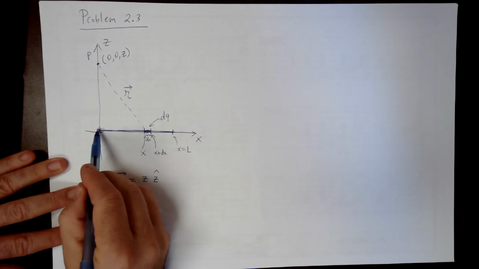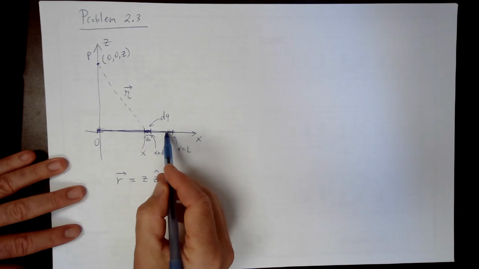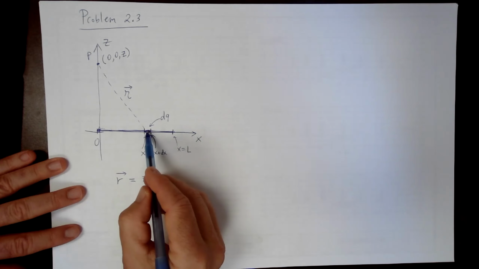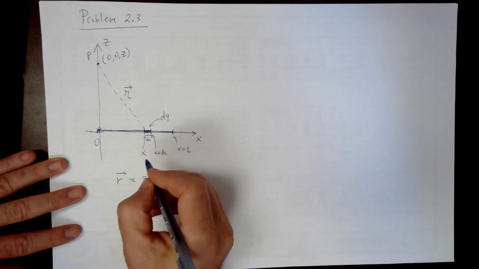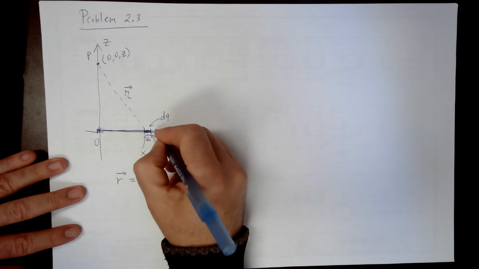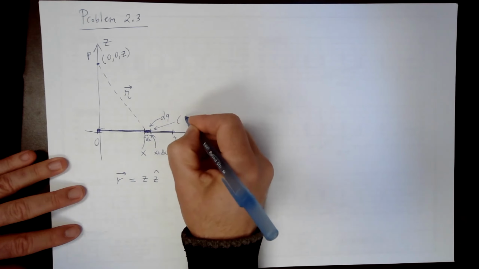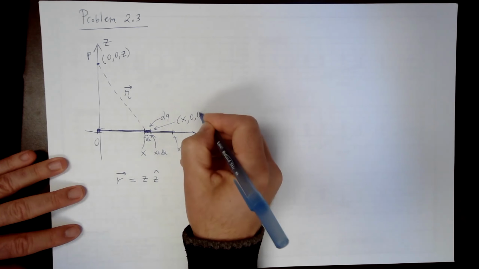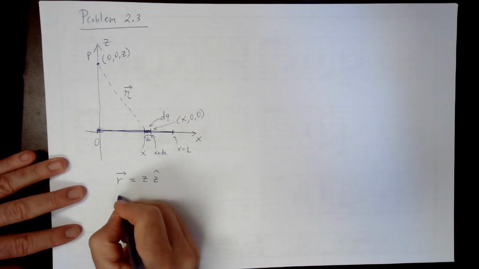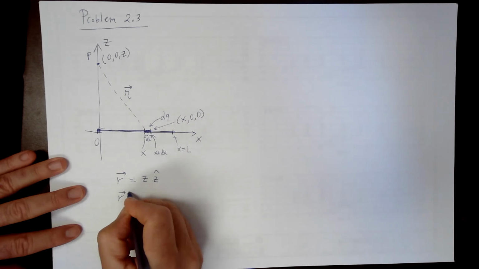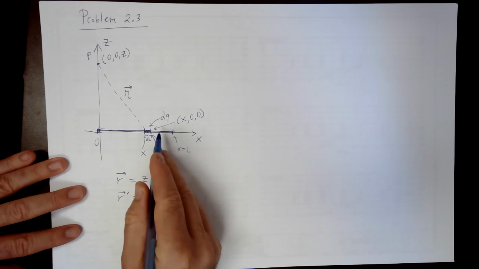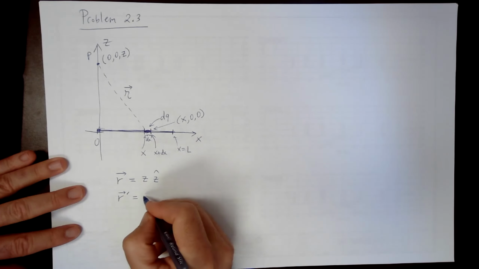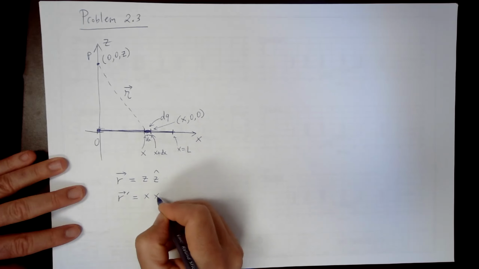The source point is always on the x-axis, with coordinates x, 0, 0. So r prime is x x hat.